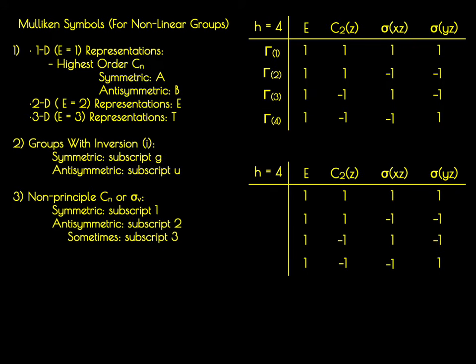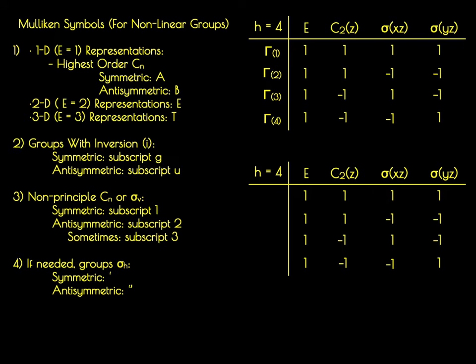Sometimes you need to use a subscript of 3 by looking at other lower order axes of rotation or mirror planes. Finally, you can distinguish between different representations by using primes and double primes by looking at the horizontal mirror plane. If you're symmetric with respect to a horizontal mirror plane, you use a prime. If you're anti-symmetric, you use a double prime.